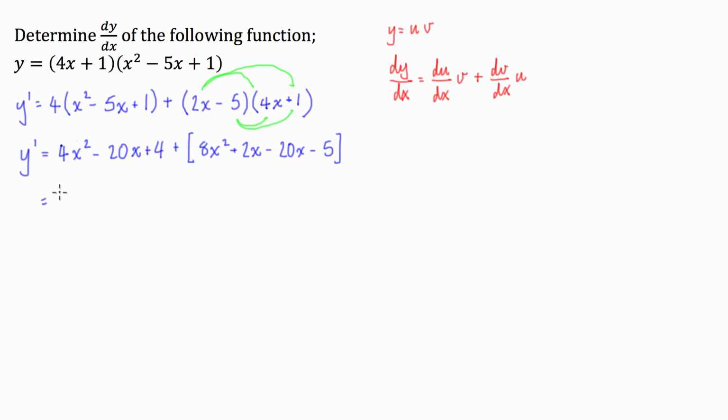We can collect our like terms. So we have 4x squared plus 8x squared is 12x squared. We have negative 20x minus 20x, so it's going to be negative 40x plus 2x, so it's going to be negative 38x.